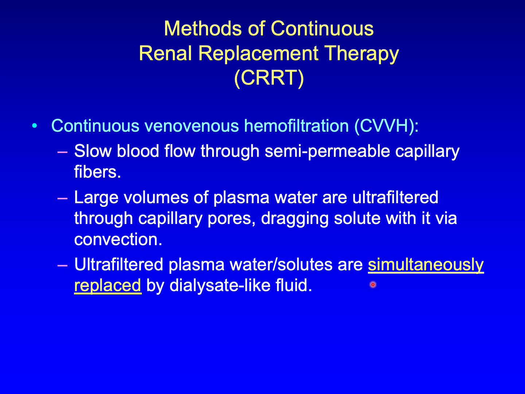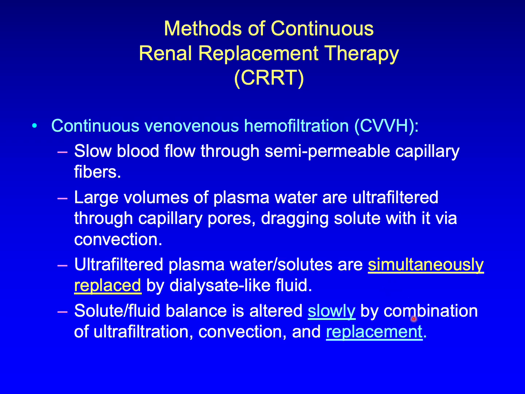But the ultrafiltered plasma water, which contains all its usual small solutes like sodium, creatinine, urea, and calcium, is then replaced by a fluid similar to dialysate. And ultimately, solute and fluid balance can be altered slowly by this combination of ultrafiltration, convection, and replacement.